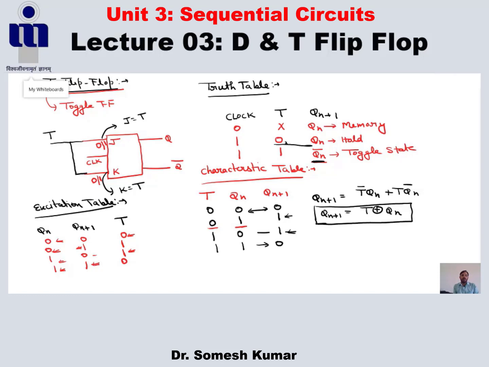Now can we derive its state diagram from this excitation table? In the state diagram there are 2 states, one is the 0 state, the second is the 1 state. If the previous state is 0, next state is 0, in which case T equals 0.